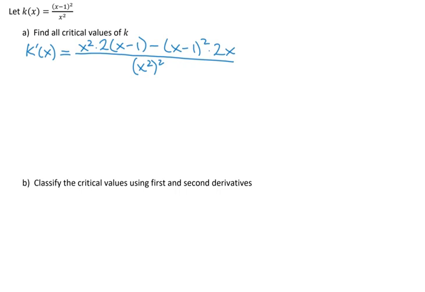In terms of simplifying, this is a great one for looking to factor out a common factor. Both terms have an x minus 1, both terms have a 2, and both terms have an x. So this is split right in the middle. The minus sign is what splits it into 2 terms.